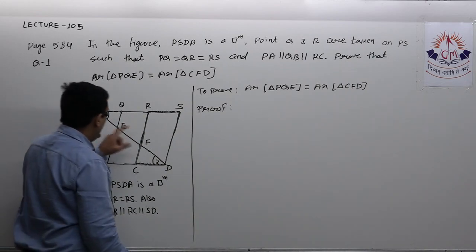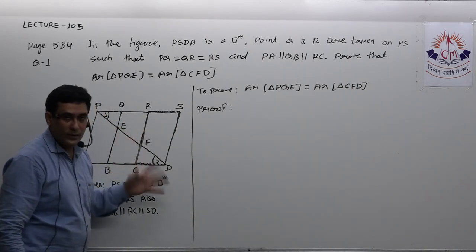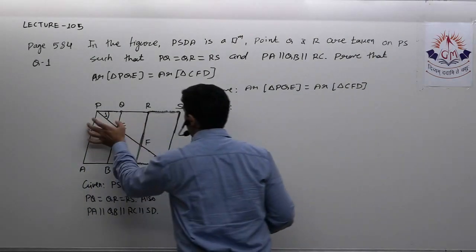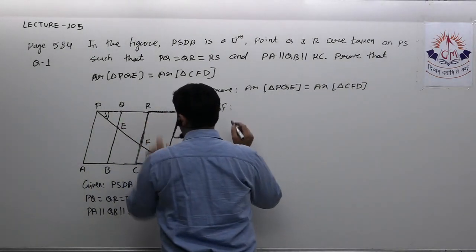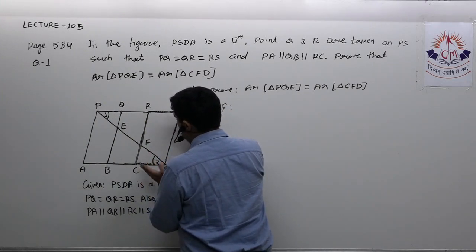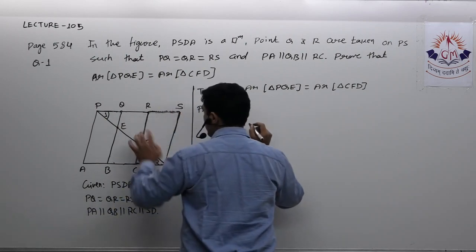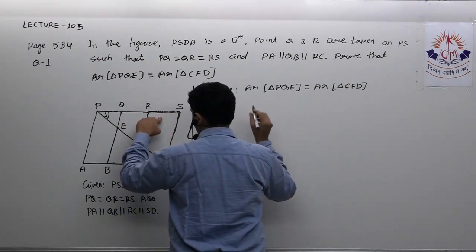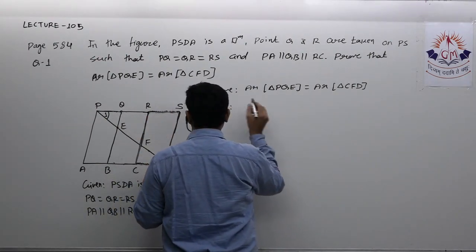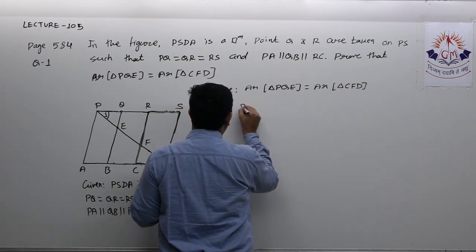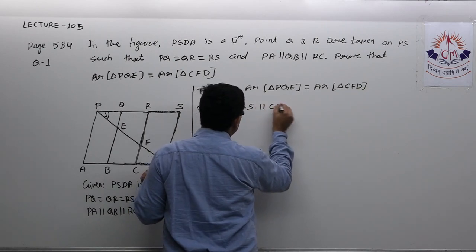Okay, so first of all, I need to collect all these parts which are equal to each other, and then I will come to the congruency part. So I will start with this only. First of all, I will prove this is a parallelogram. That means first I prove CD equal to PQ. So RS parallel CD.